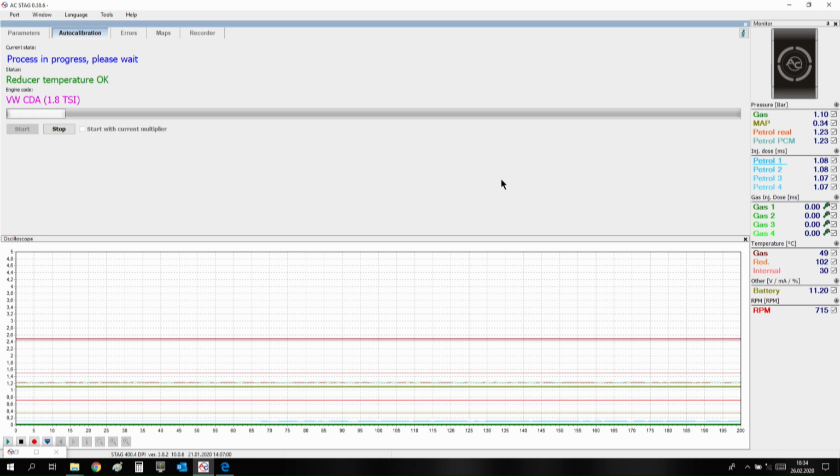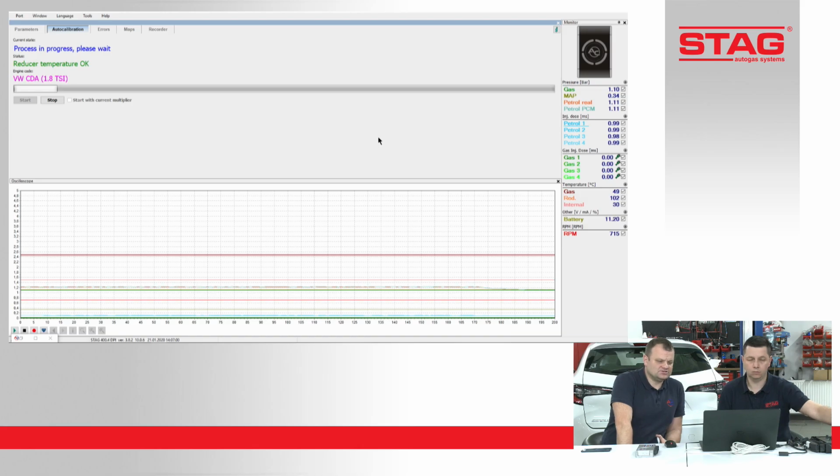If everything is okay, the system is calculating the proper petrol dosage. Then it calculates the petrol pressure, and step by step it will calculate the gas dosage. So we'll start running the first gas injector.